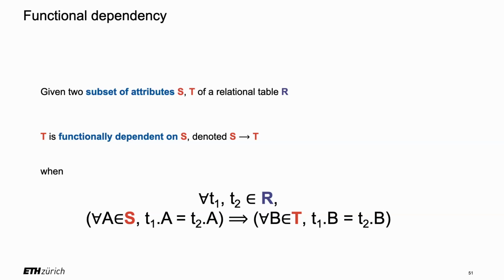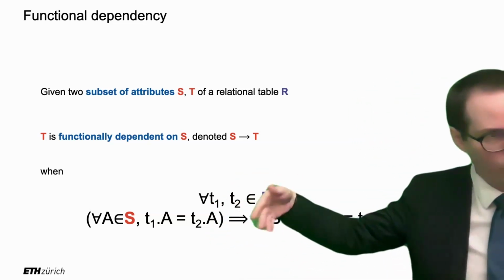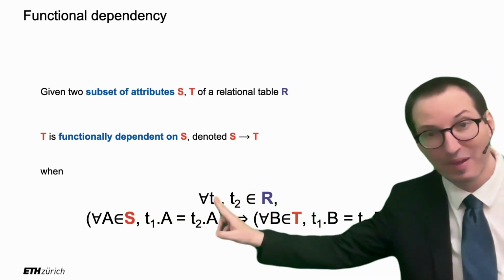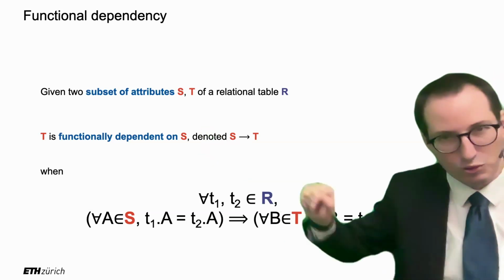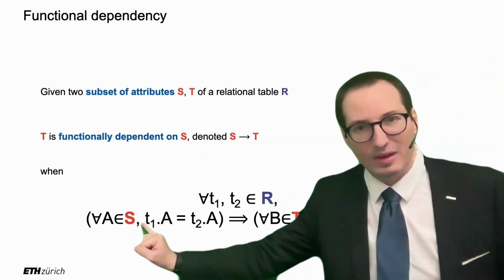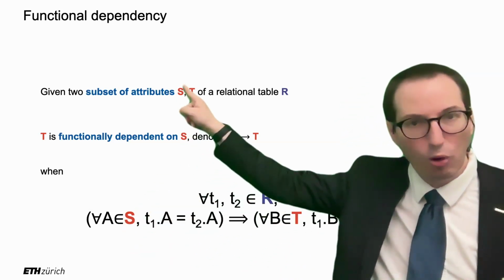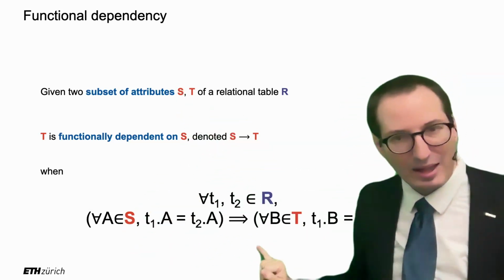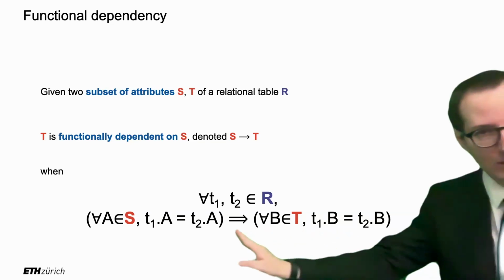The set of attributes T is functionally dependent on the set of attributes S when, if I take any two records of my table, t1, t2, t for tuple, tuple, record, row, it doesn't matter what we call them, it must be that if my two tuples match everywhere on the attributes in S, so they all agree on S, then they must also agree on all attributes in T. This is an implication.